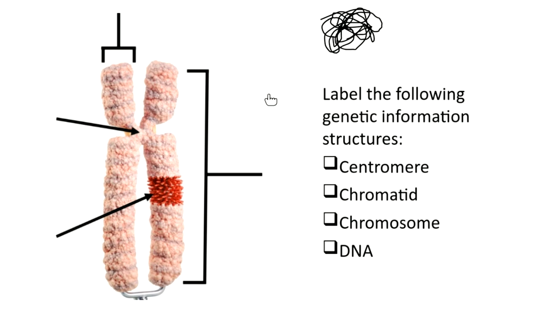Let me see in the chat, does anyone happen to remember what's the name of the loose form of DNA that kind of looks like a big mess? Spaghetti noodles, if you will. Do we happen to remember what that's called? So the ribosomes are an organelle. They're not a type of DNA, but that's a great guess.